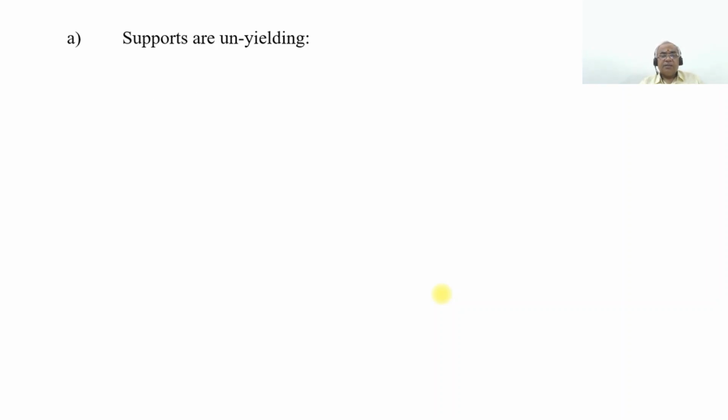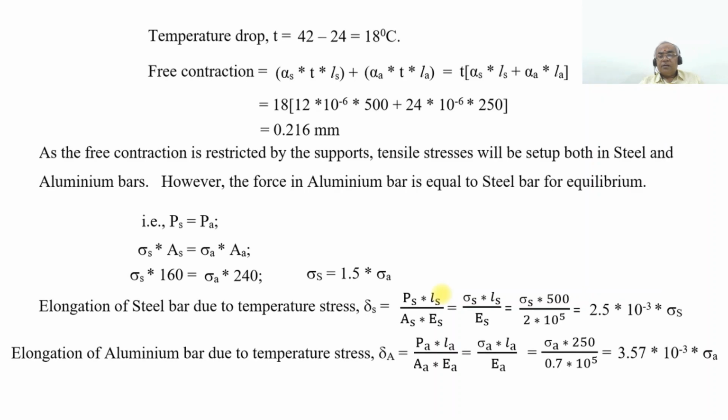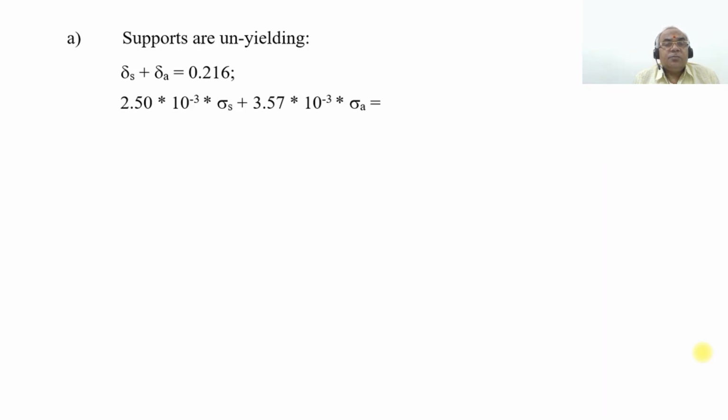Delta S is 2.5 into 10 to the power of minus 3 into sigma S, plus 3.57 into 10 to the power of minus 3 into sigma A, and that is equal to 0.216.